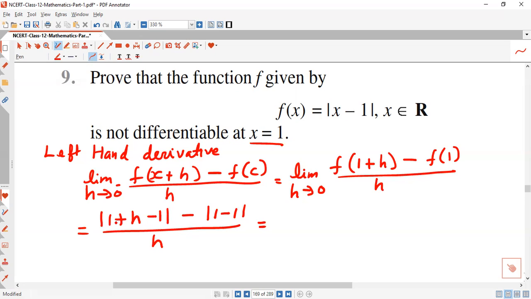The 1 and minus 1 cancel out, leaving mod h.